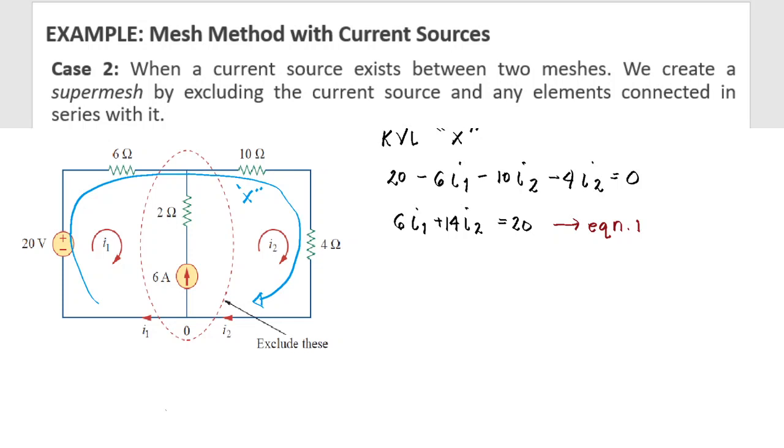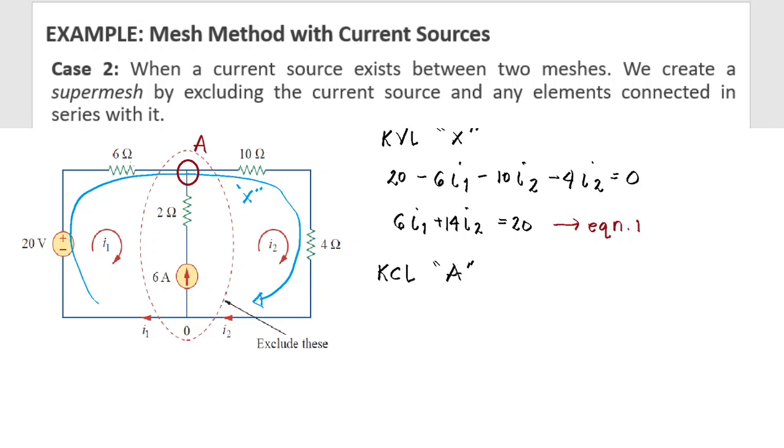And since we have two unknowns, I1 and I2, but we only have one equation, what will be our second equation? So for our second equation, we will do a KCL at this node. Let's name that node A. So forming the KCL at node A, loop current I1 is entering node A, right?